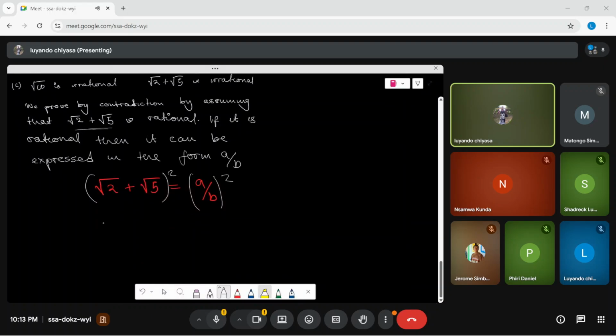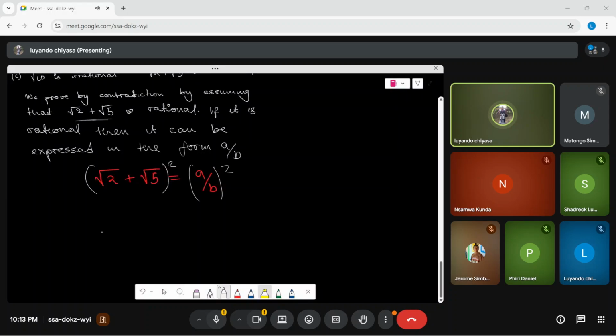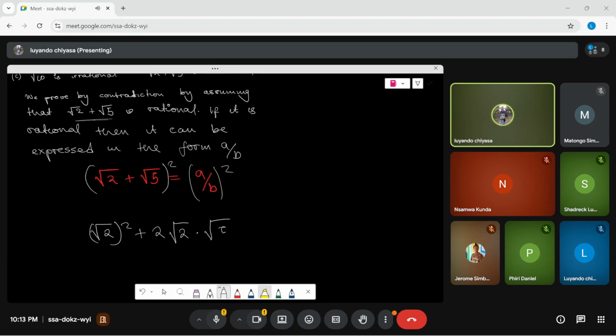And when you square both sides, on this hand side, what you're going to get will be root 2 squared plus 2 root 2 times root 5 plus root 5 squared is equal to A squared over B squared.